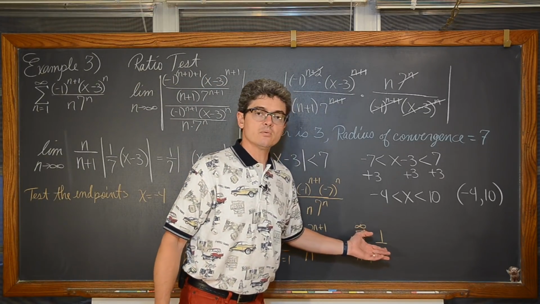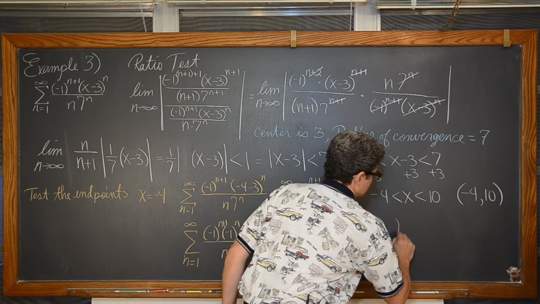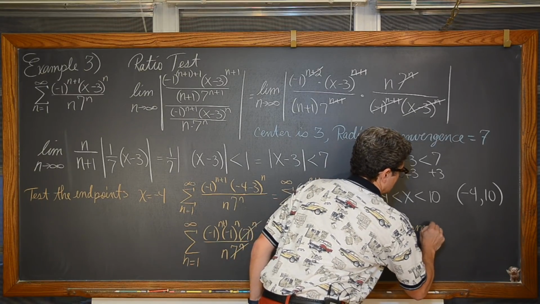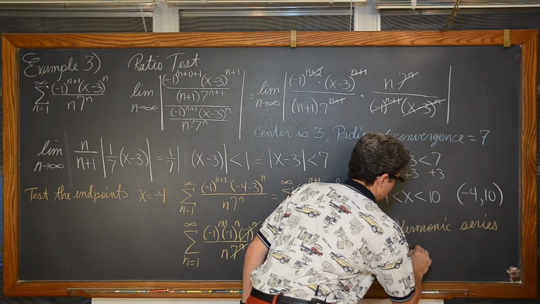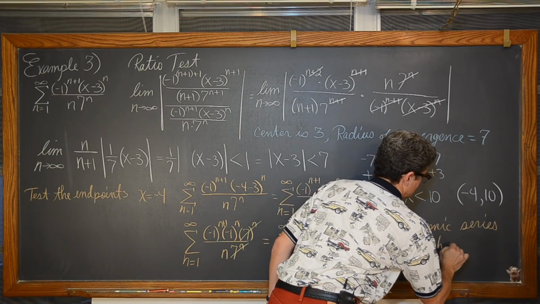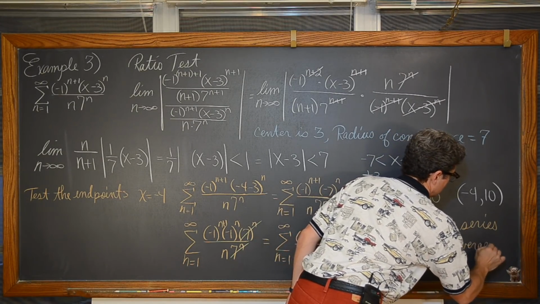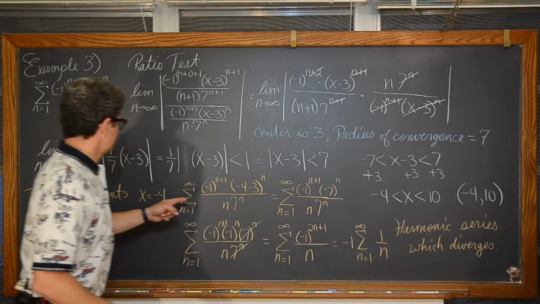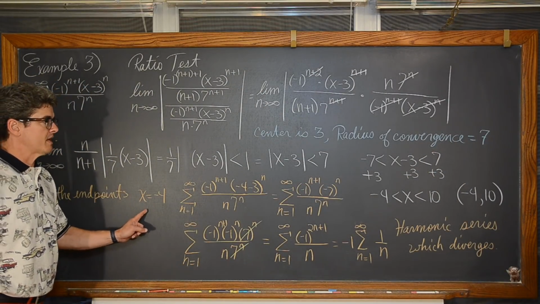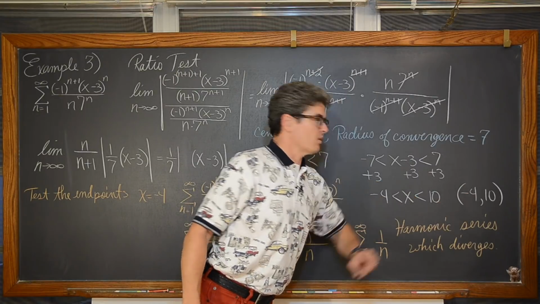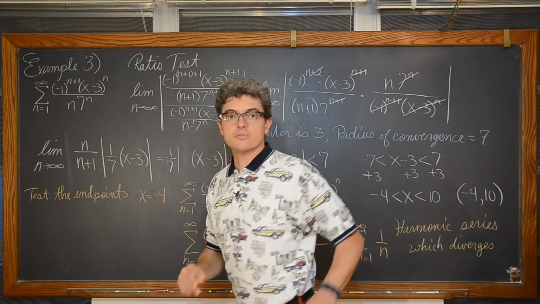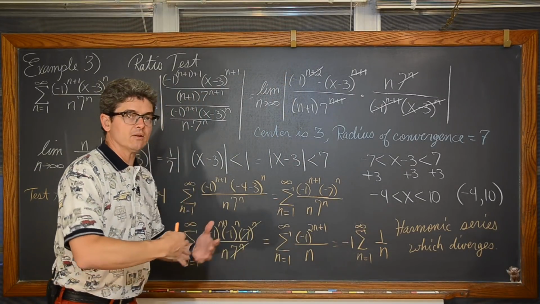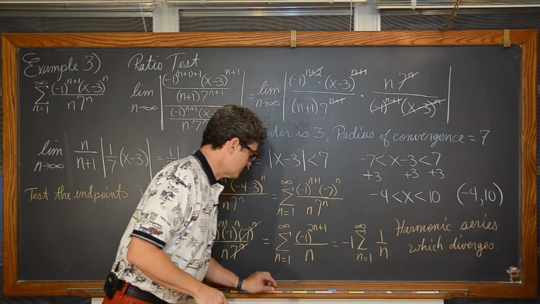And harmonic series are divergent. So when we tested our endpoint of x equals -4, at -4, this series diverges. So that is not going to be included in our final interval of convergence.